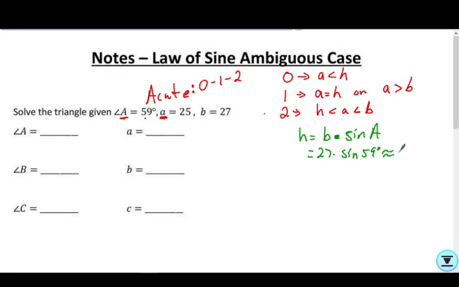You plug it into your handy dandy calculator and you get your height, which is 23.1435, blah, blah, blah. So my height is 23, my A is 25, so my A side is definitely bigger than H, smaller than B, so we have two solutions.